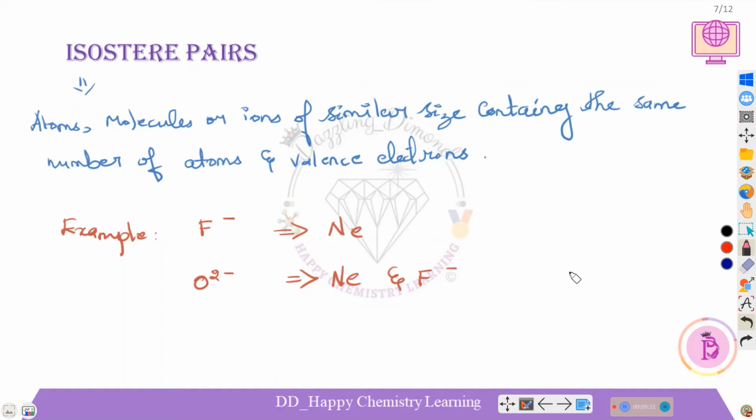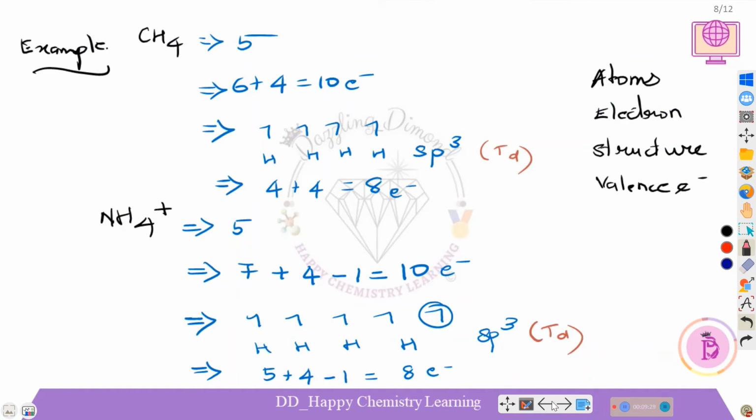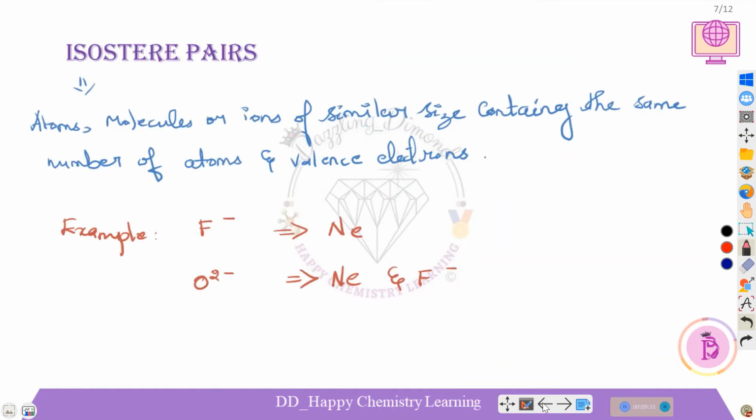Now we will see the next one, that is isosteres. Here you can see they will have atoms, molecules or ions of similar size containing the same number of atoms and valence electrons. Okay, they will be having similar size and the same number of atoms and valence electrons.